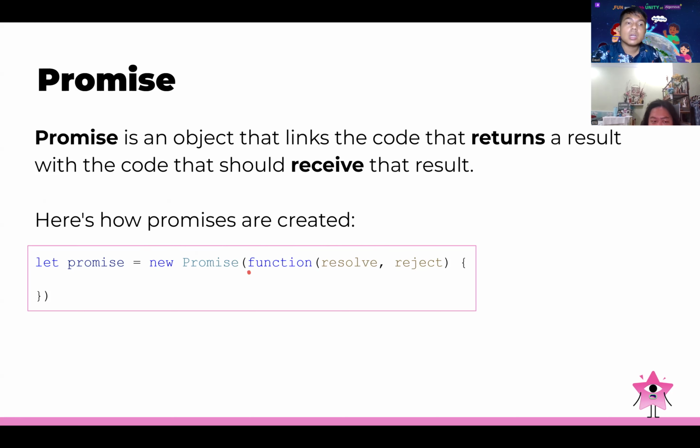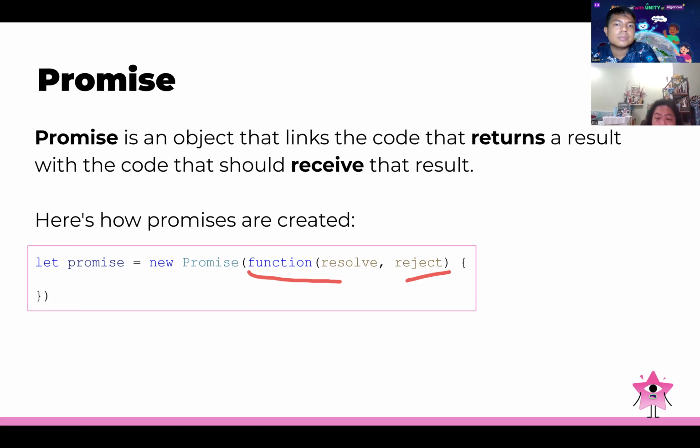But if there's an error, for example, you create an input where the user is supposed to input a number, but instead they input text, then it will give you a reject. Okay, like that.